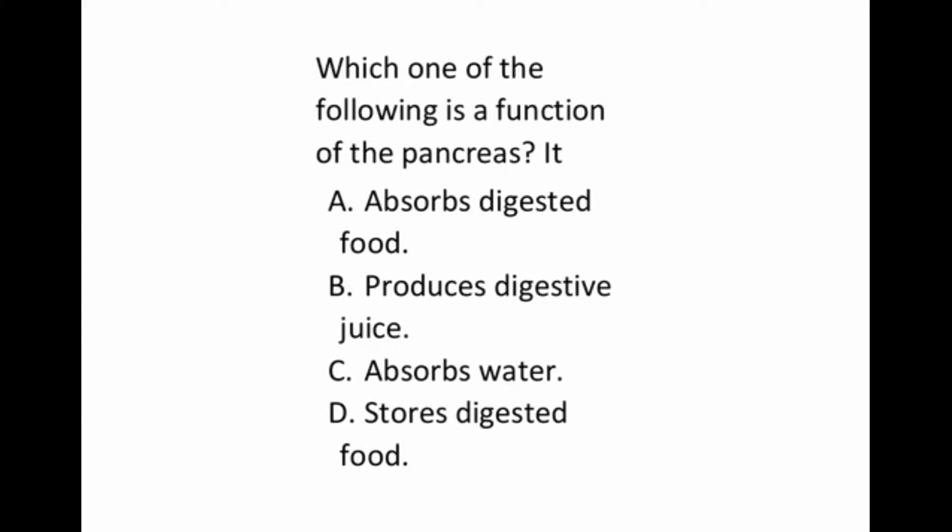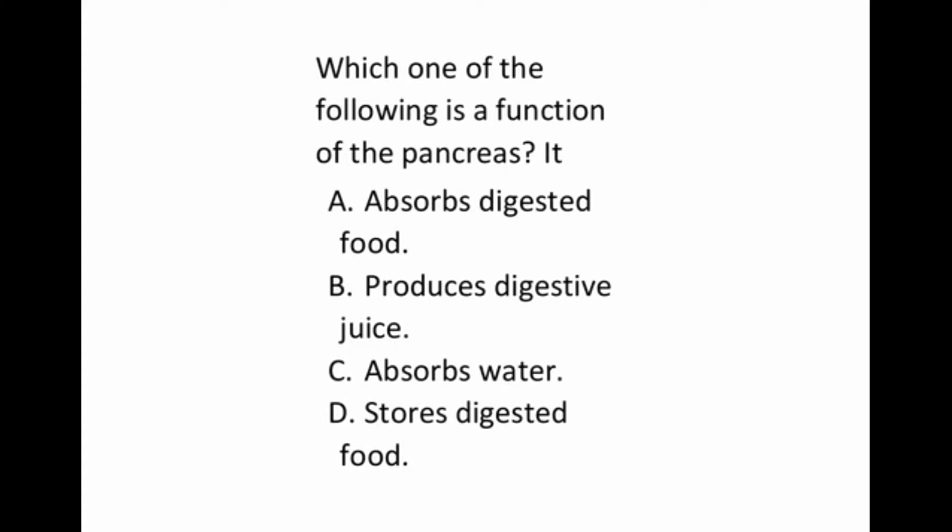So each of those parts we have mentioned, they have their own part. So we need to know what is the function of the pancreas in the digestion of food. So we go by our choices. Our choice A says absorbs digested food.